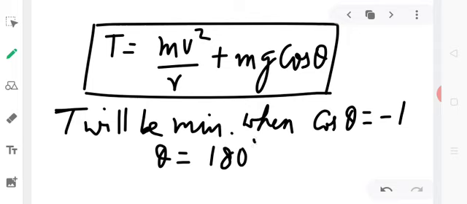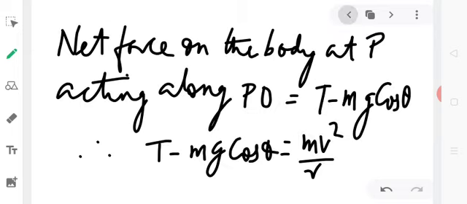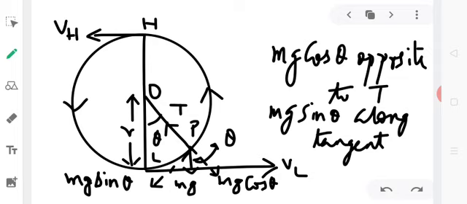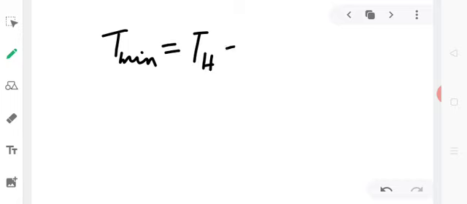This will happen when the body is at the highest point H. So we can write down T minimum, if I represent it as TH, this will be equal to mv square by r.